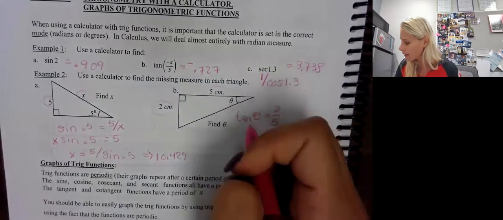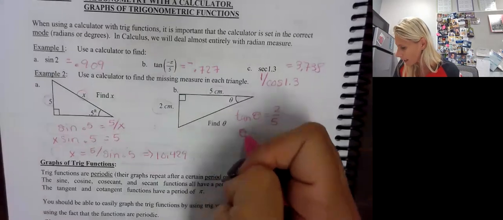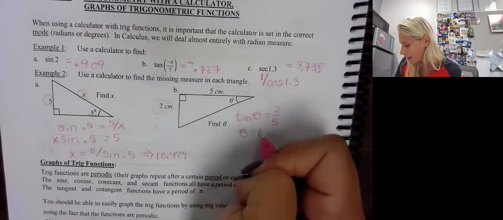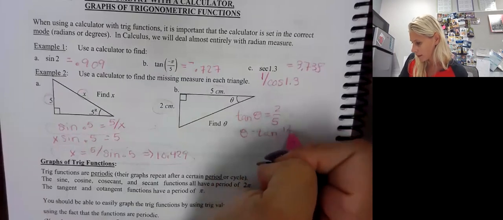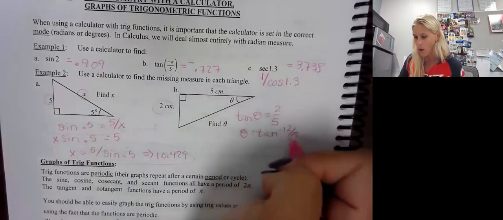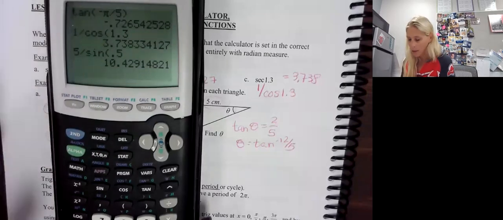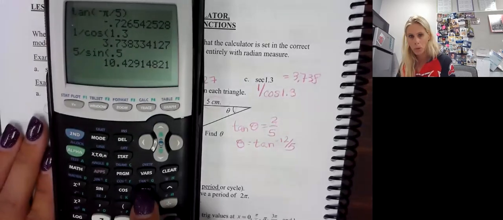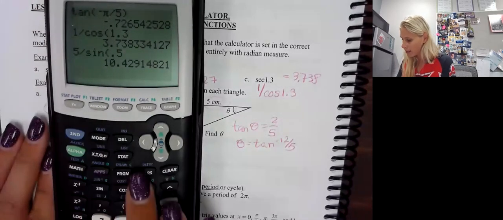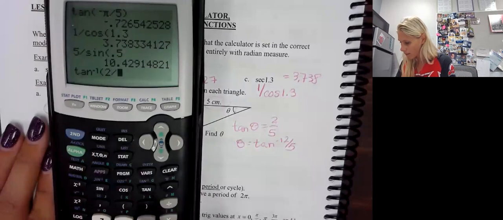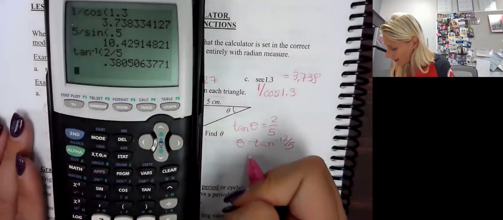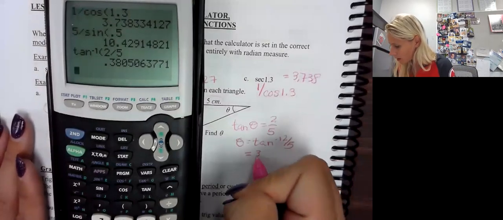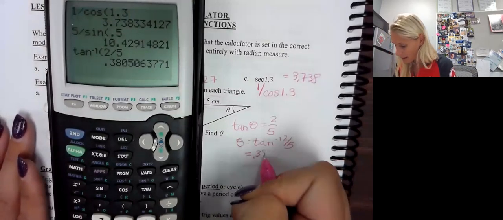Well, to get rid of tangent and have theta by itself, you have to do the inverse of tangent. So the way to do the inverse on the calculator is you see it's in blue right there. So I go second tangent 2 divided by 5. And here we go. So we get 0.381.